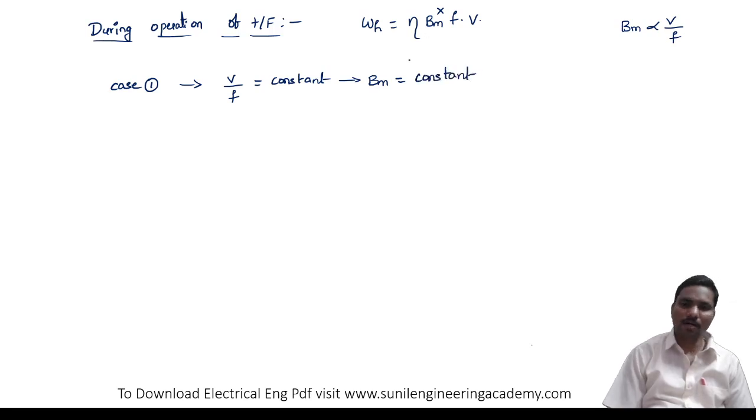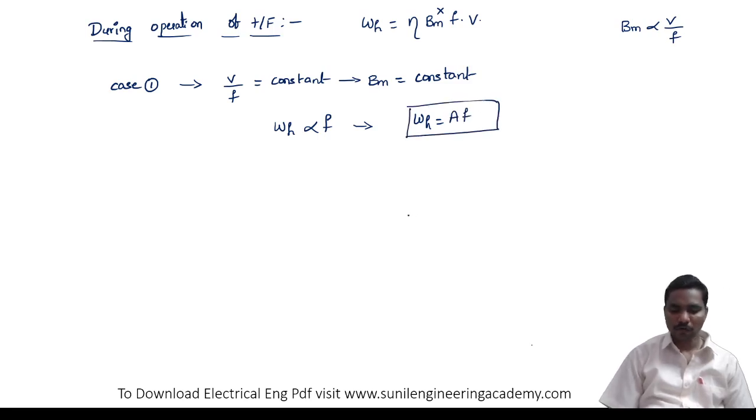If B max is constant, then WH is proportional to zeta, which is constant, B max constant, and once the transformer is designed the volume is also constant. So the only thing is frequency. So WH is proportional to frequency. If you remove the proportionality constant, WH is equal to A F, you will get.